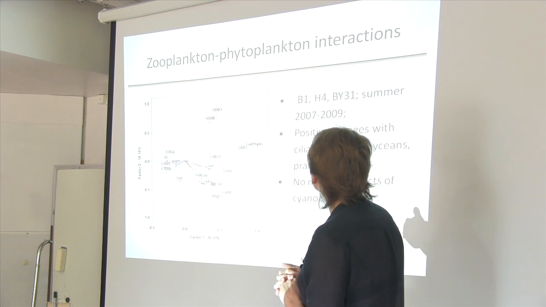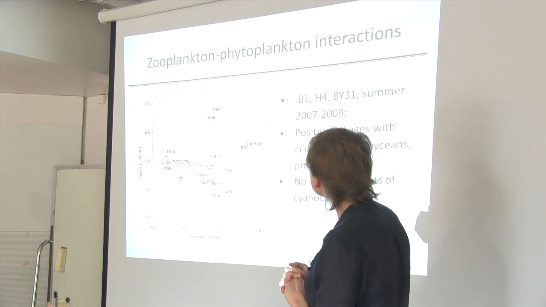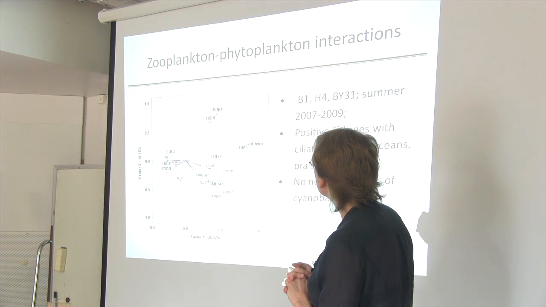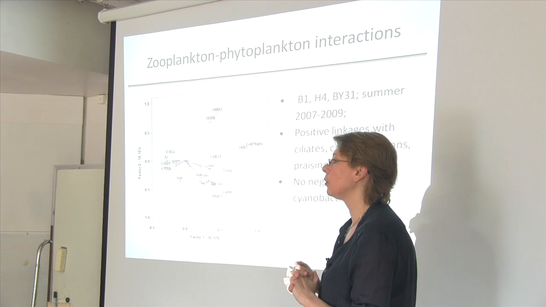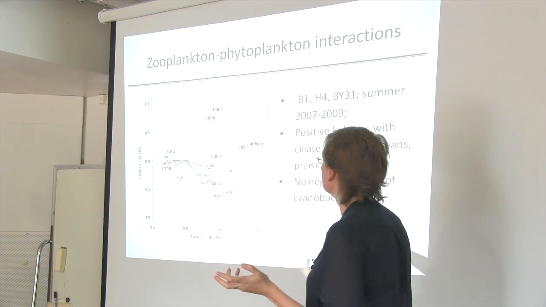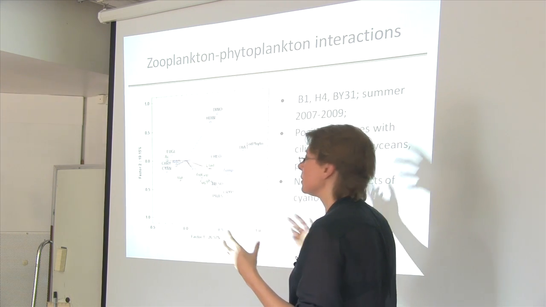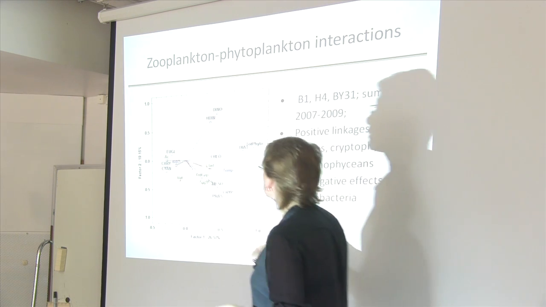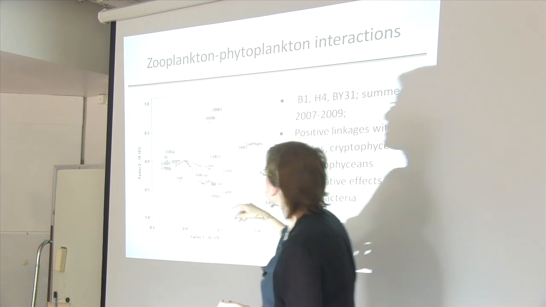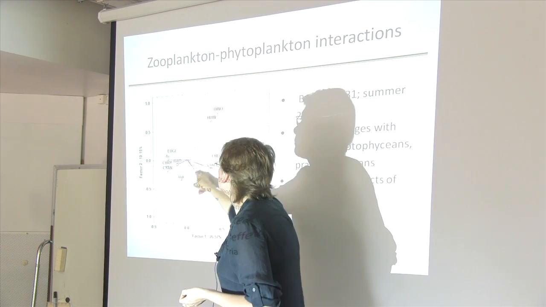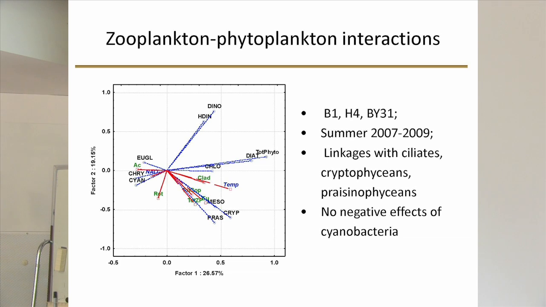Other types of zooplankton interactions: if you look at not just total phytoplankton and zooplankton, but species-wise, different phytoplankton groups and different zooplankton groups, then we can see, for example, that some positive linkages between Eurytemora and cryptophyceans, prasinophyceans could be found.